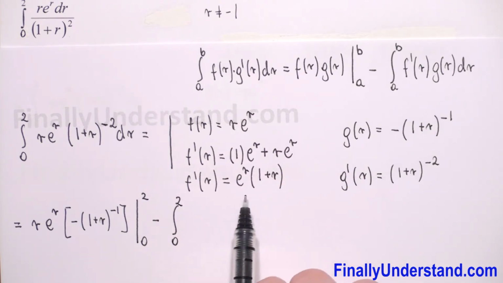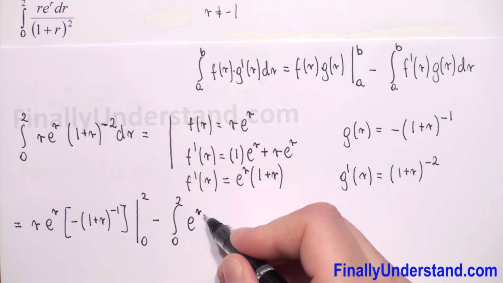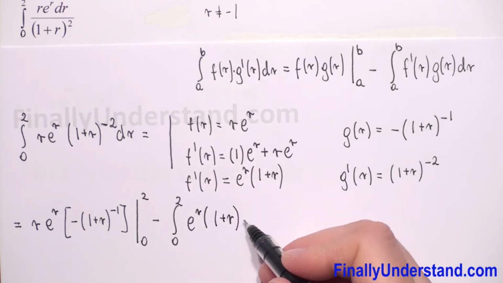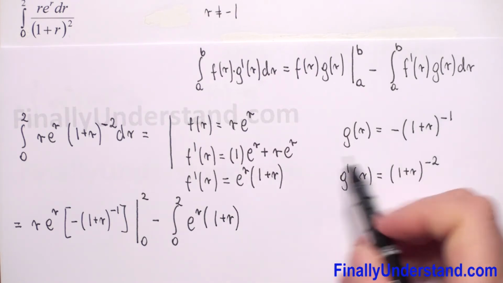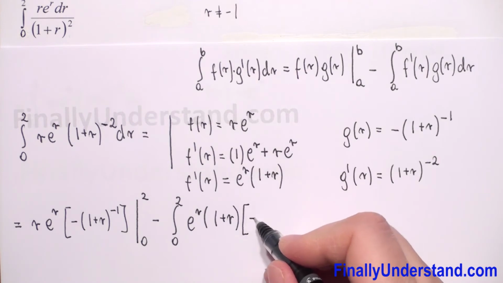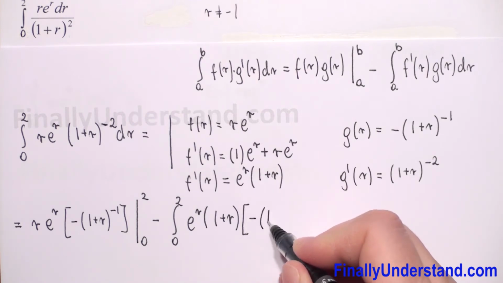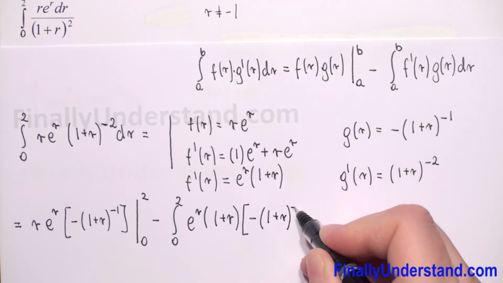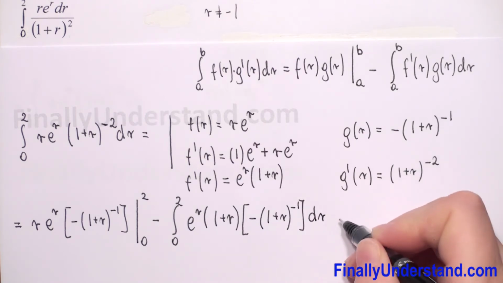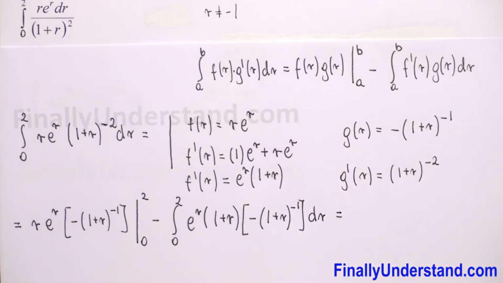f prime is equal to e to power r times 1 plus r times g, we'll put this in brackets because we have a negative sign, and 1 plus r to power negative 1 with respect to r. So this is equal. First we will simplify it a little.